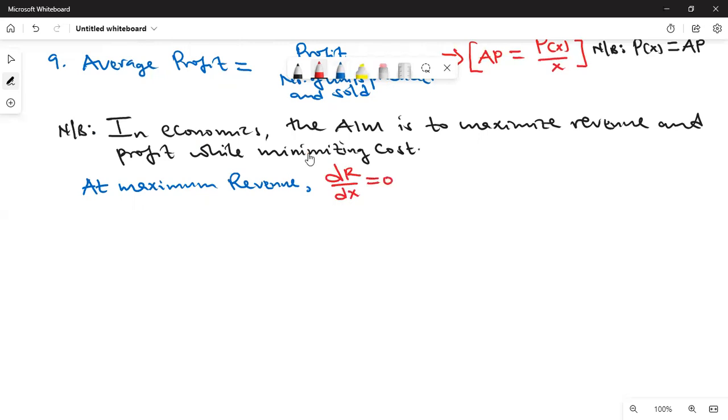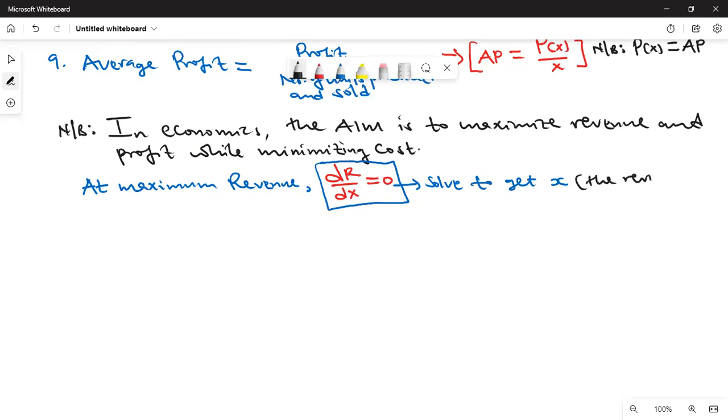When you want to know whether you're going to maximize your revenue, you must first of all differentiate the revenue function with respect to x and equate it to 0. So when you solve this equation, you get x. And this x is what you are calling the revenue maximizing level of production.